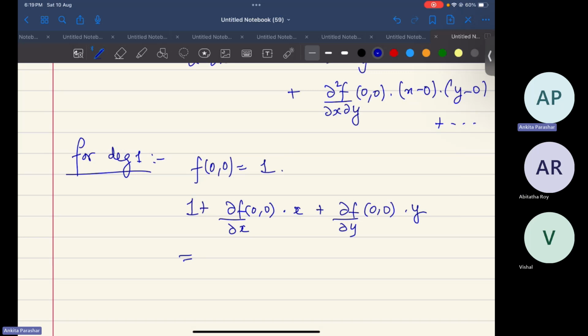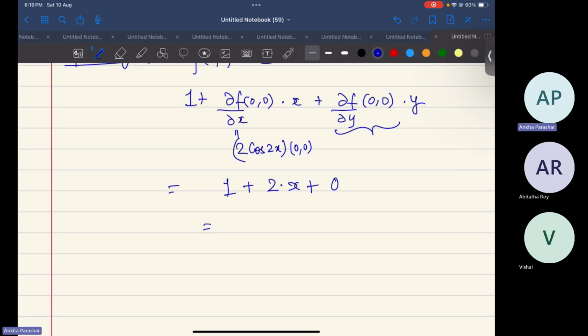Del f by del x is just 2 cos 2x, which would be 2. So it will be 1 plus 2 times x plus, what is this? Del f by del y at (0, 0) is 0. So the linear or degree 1 term in the Taylor expansion of your f(x) is nothing but this. This is degree 1.